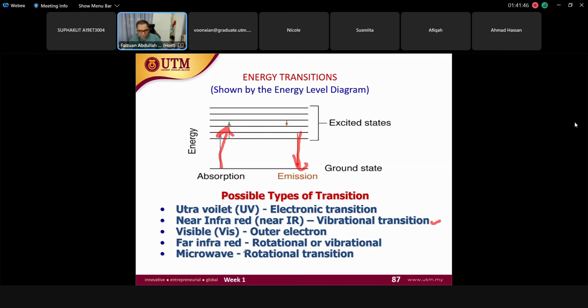Far infrared is rotational or vibrational movement of the molecules. The microwave is a rotational transition of the molecules. Normally, the far infrared and microwave involve molecules, right? And these three can be molecules or atoms.